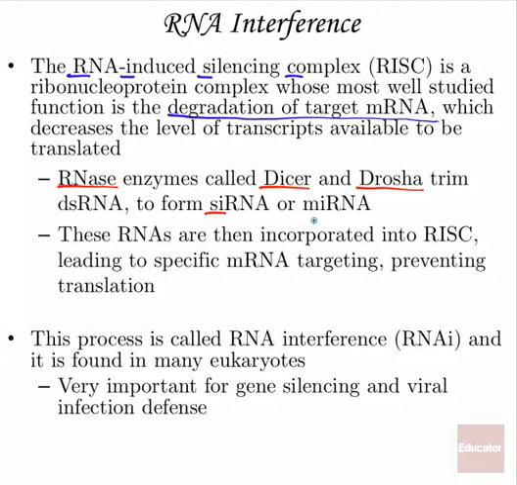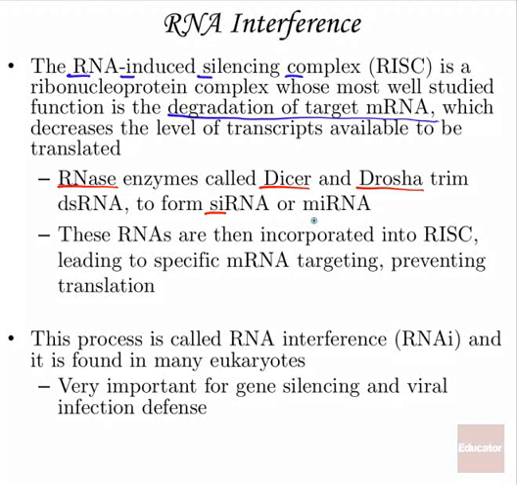These RNAs then get incorporated into the RISC complex, leading to specific mRNA targeting and then degradation. Okay, so it targets a specific mRNA and does not allow translation to take place. It's actually really, really cool.